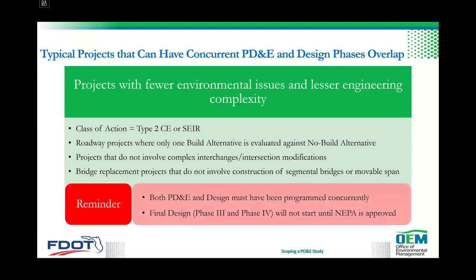So just one-to-one, right? And a reminder would be that both the PD&E and design must have been programmed concurrently, and that the final design, being the phase 3 and 4, will not start until NEPA is approved.